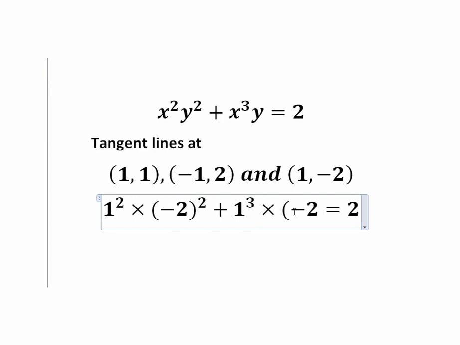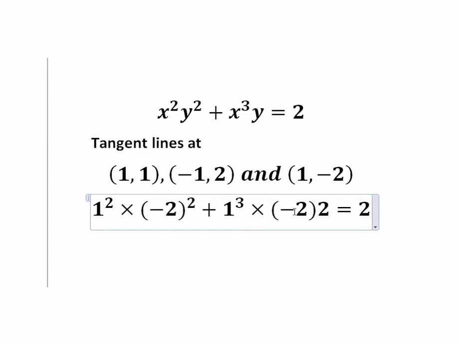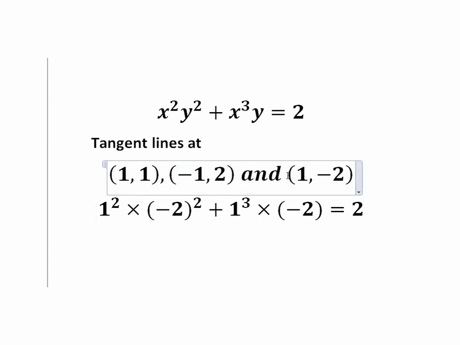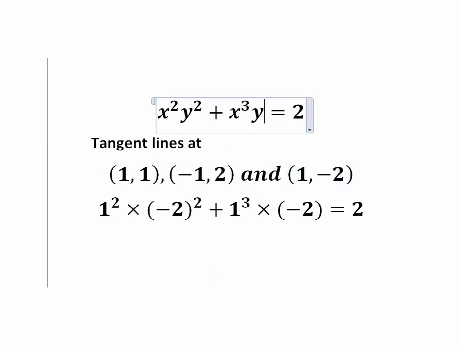So what you have here again is, this is +4, this is -2, and 4 minus 2 is 2. So again this point also lies on the graph of this equation.